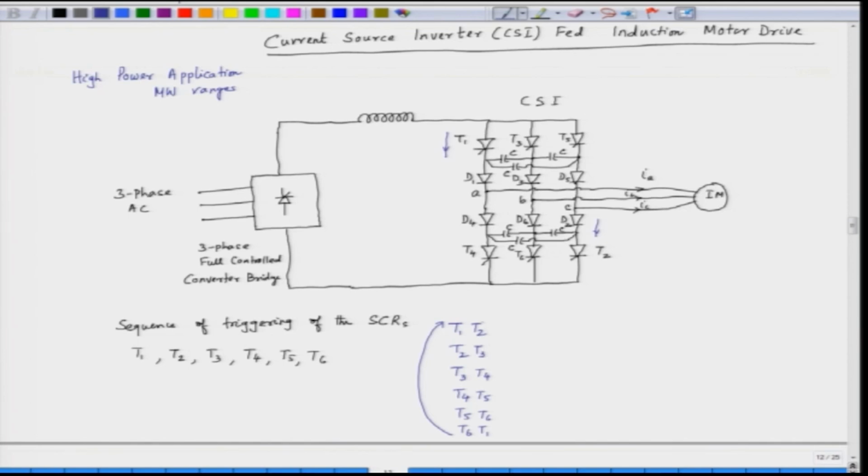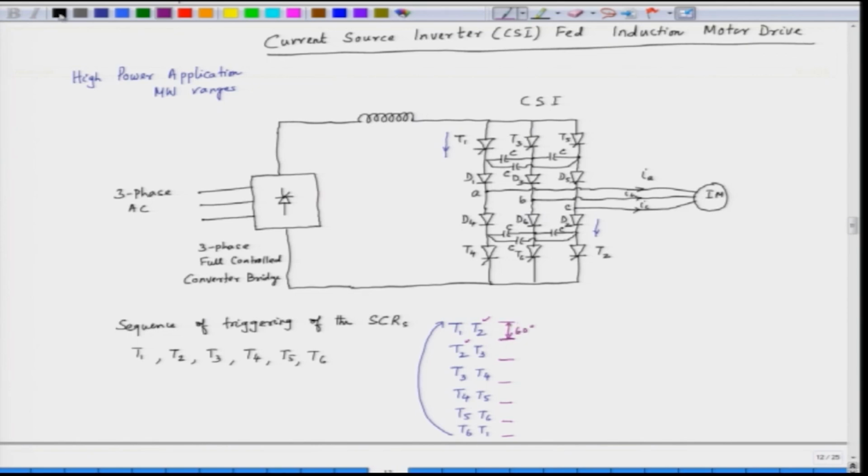Here we have T1 and T2, and then T3. So, each interval is 60 degrees here and an SCR will be conducting for 120 degrees.